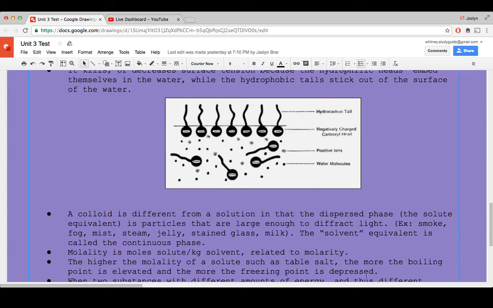What that means is the range of temperatures at which this substance can exist as a liquid is increased. We discussed uses of that, and we obviously put salt or beet juice on the roads to make sure that water does not freeze over.